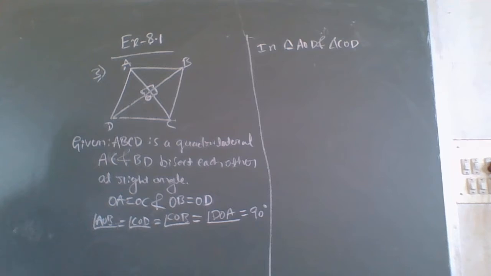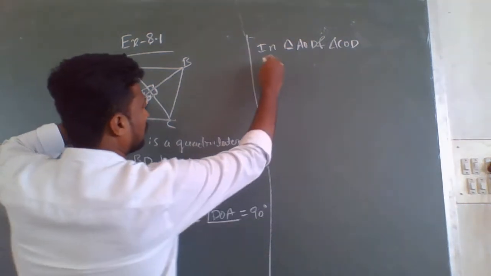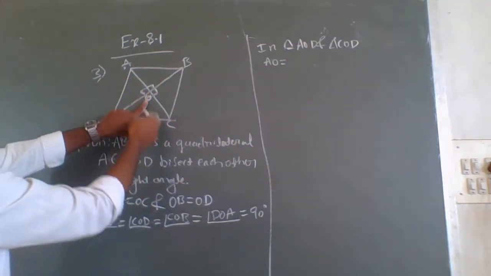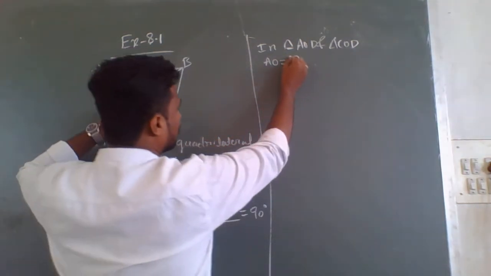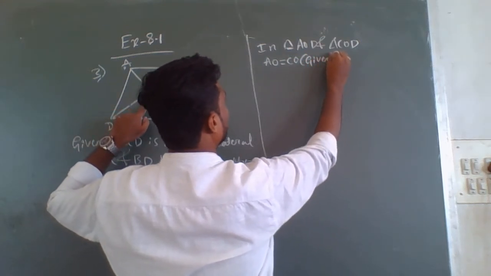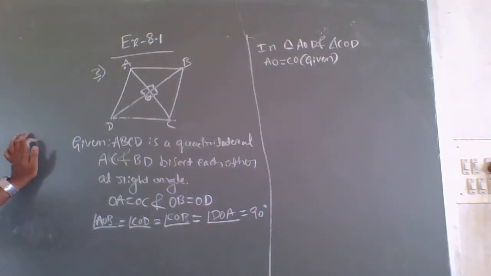AO is equal to CO. This AO is equal to CO because it is given that the diagonals bisect each other. AO of triangle AOD and CO of triangle COD. This is given, one side is equal.